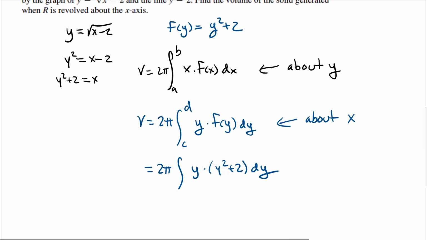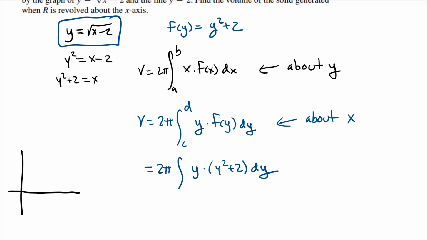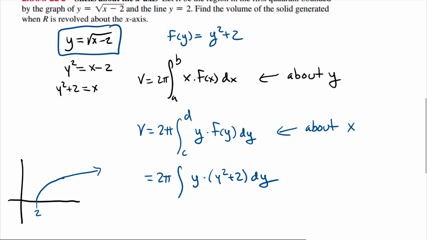So let's just do a quick sketch. First quadrant. I'm not very good with turning my head around and thinking about y squared plus 2 and graphing that. So that's from 2, and it goes something like this, and it takes off forever. And we only want to go to what values? What's the question say? We want to go to y equals 2. So up here.